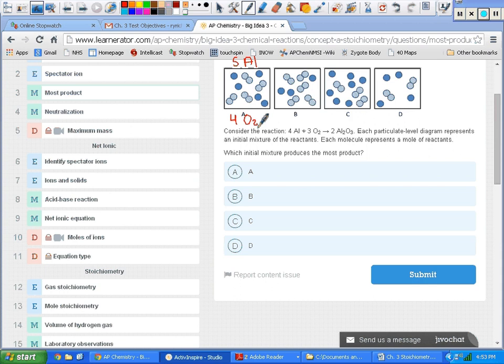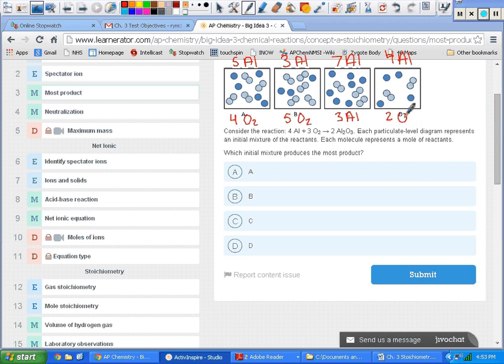This one, 1, 2, 3, 4, 5, 6, 7 Als and 3 O2s, and then 4 aluminums and 2. Oh, my bad. Okay, that's O2. I just messed up the formula.